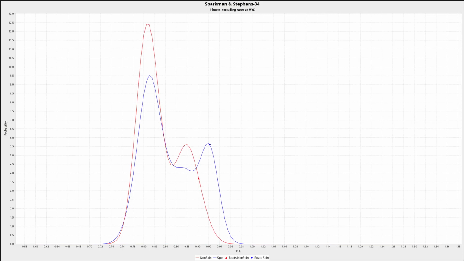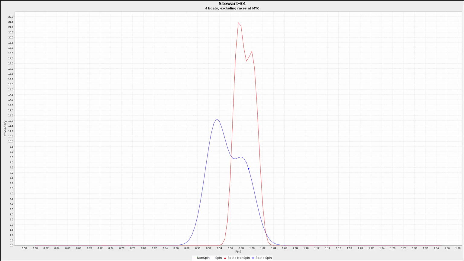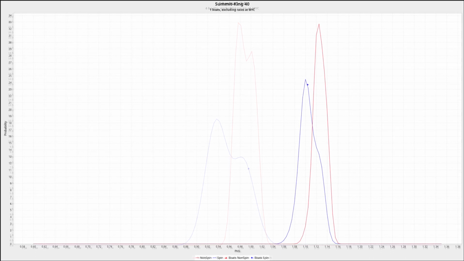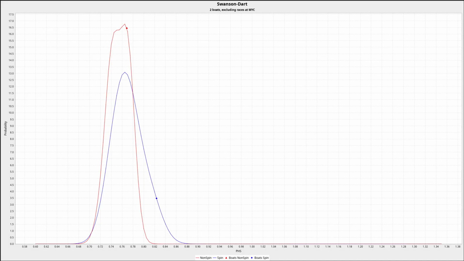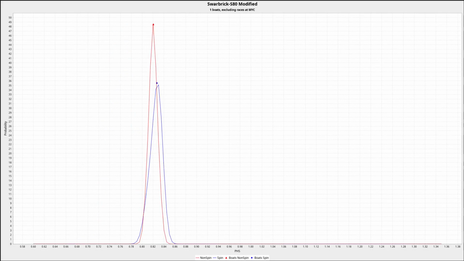The SNS 34, again, strange double peak, and there's very little difference between the spinnaker and the non-spinnaker handicaps. And Stuart 34, where their spinnaker handicaps are worse than their non-spinnaker handicaps. King 40, Abbey Rumba, Swanson Dart, this is Melody, which I think appears several times.